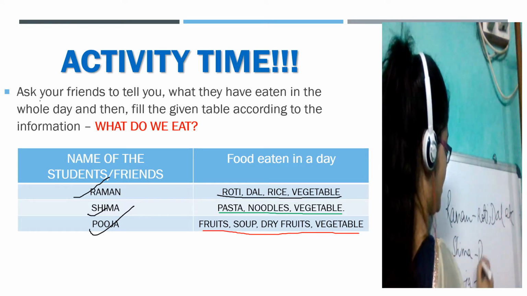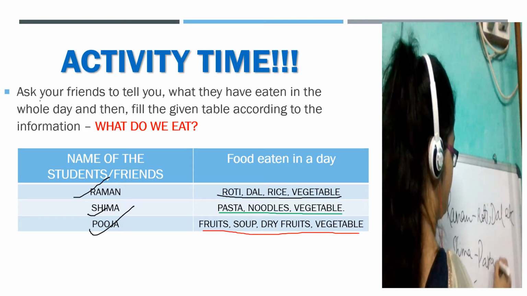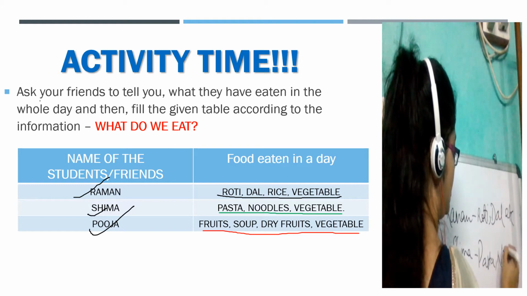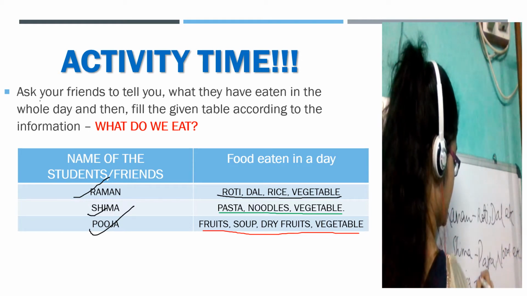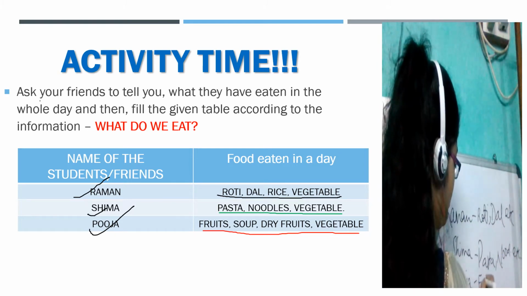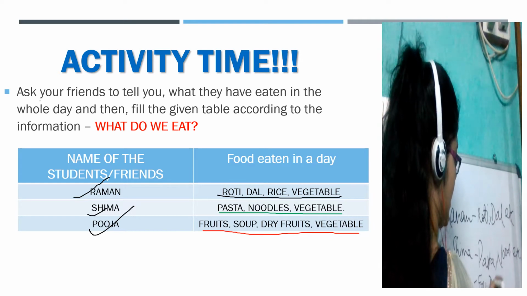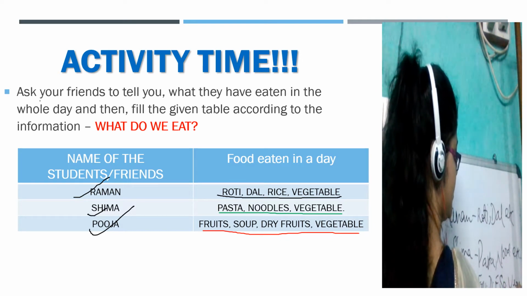Seema has taken most of your favorite, that is pasta, noodles, etc. And Pooja has taken, as she is very health conscious, fruits, dry fruits, soup and veggies.